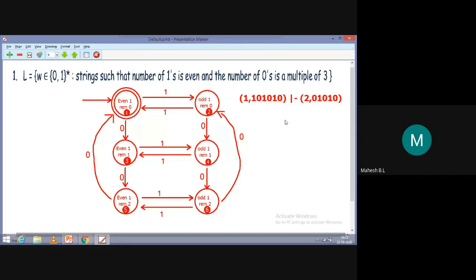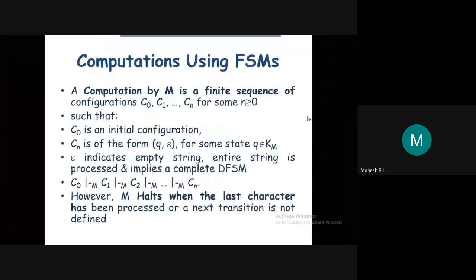At the end, in the final configuration, no symbols remain. That means the input remaining to be read is epsilon. That sequence from the initial configuration to the final configuration is called computation. So that much is enough in theory.